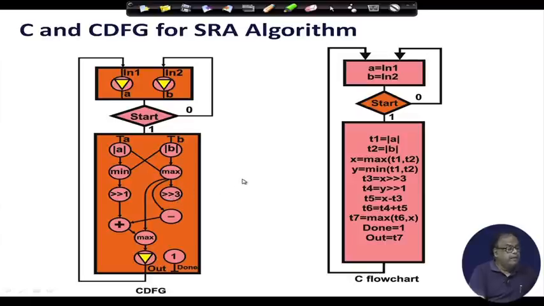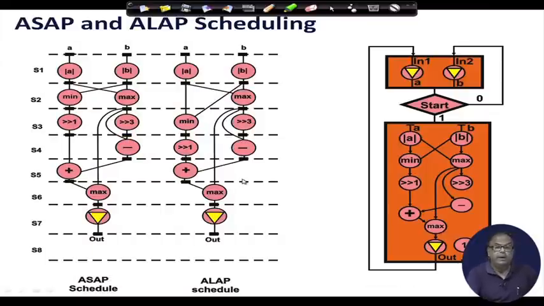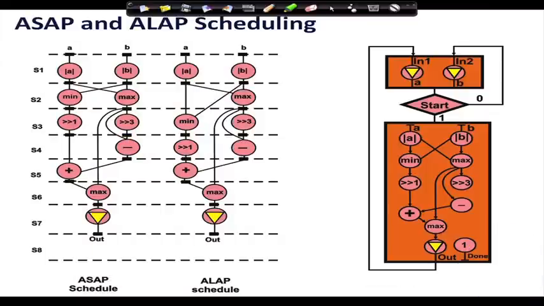Now, given this, here are two schedules. You look at this one, this is our CDFG, and what has been done in this case is the ASAP schedule, as soon as possible. What do we mean by as soon as possible?